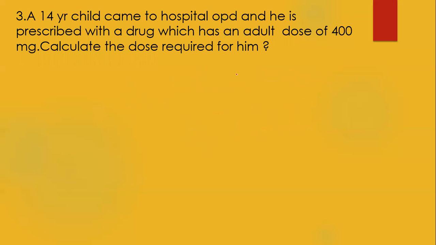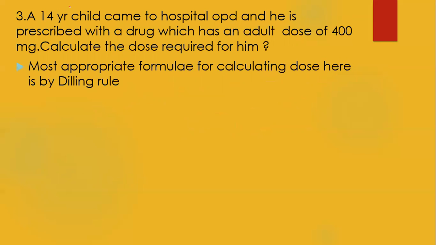Next question. A 14-year-old child came to the hospital OPD and he is prescribed with a drug which has an adult dose of 400 mg. Calculate the dose required for him. So the child is 14 years old. So the most appropriate formula is Dilling's formula. Dilling's formula is based on age 4 to 20 years.